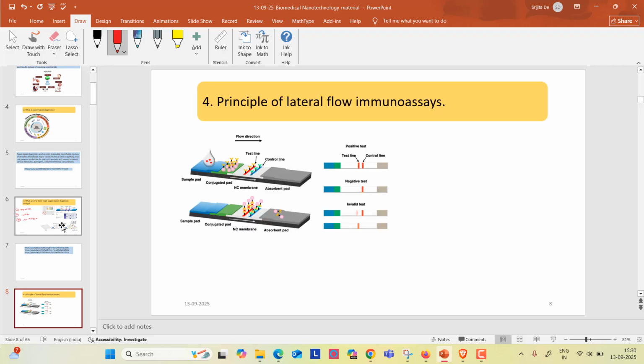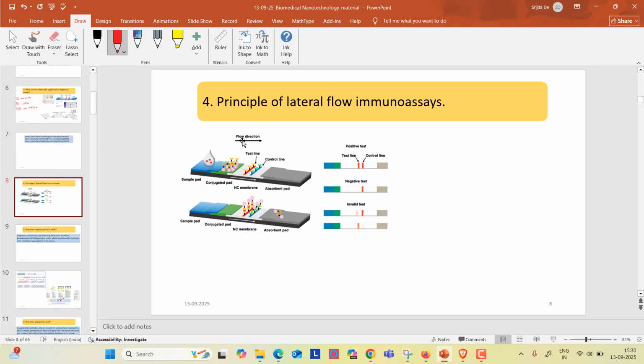Now in detail we will study the principle of lateral flow immunoassay. So this is the sample pad.